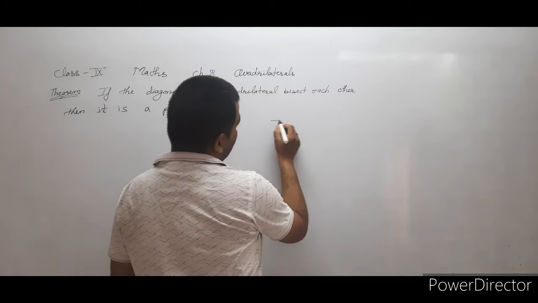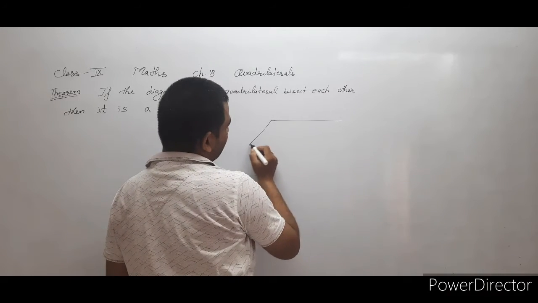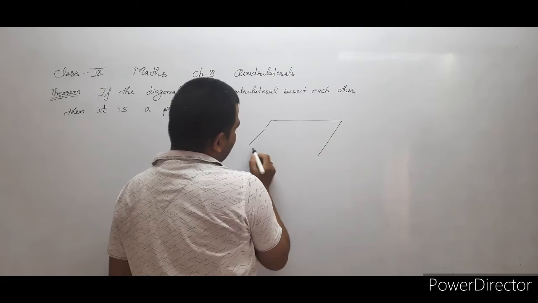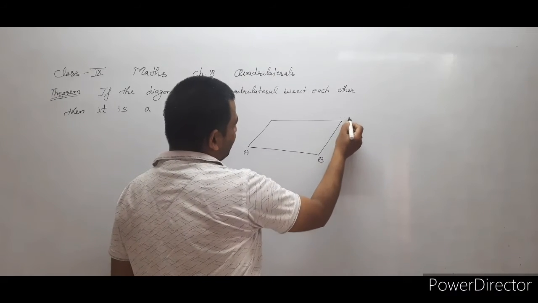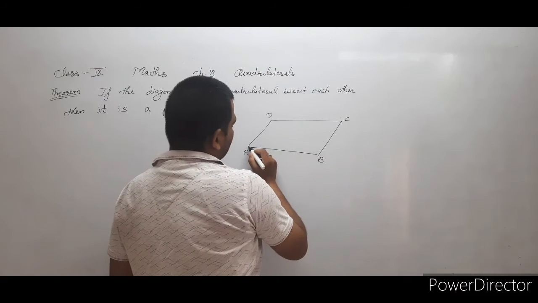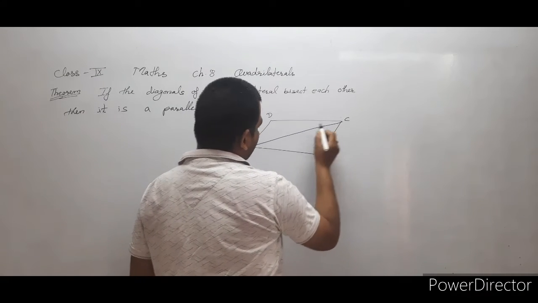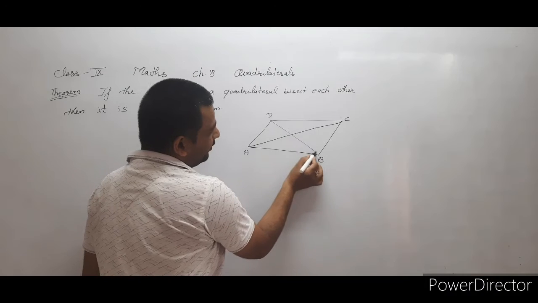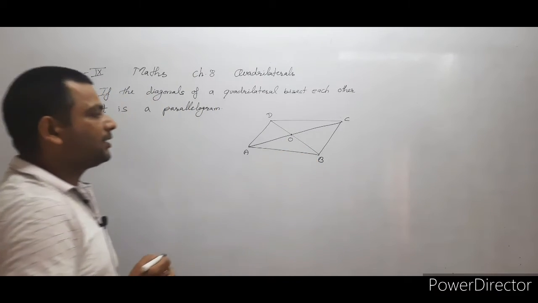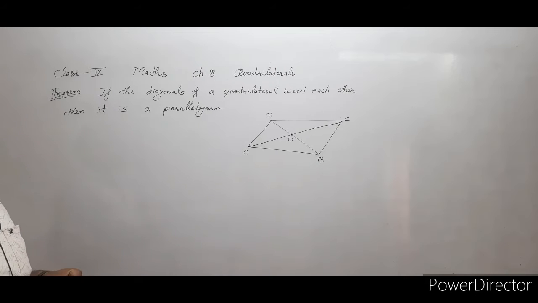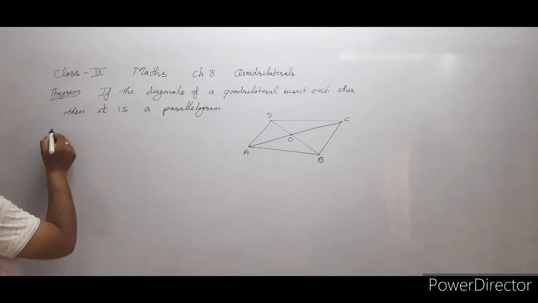Let ABCD be a quadrilateral. In this ABCD, it's given that the diagonals AC and BD bisect each other. Bisected each other means at O, the lengths OA and OC are equal, and the lengths OB and OD are equal. It's the given part.